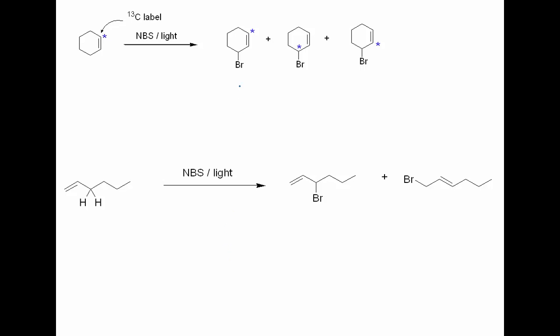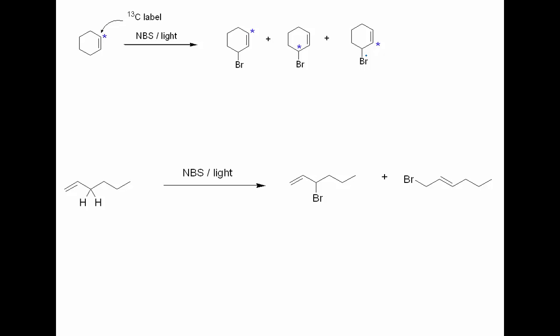The C13 label would be here, here, and also to some extent in the middle. Actually probably about a 1-to-1-to-1 ratio of all 3 of these compounds. We're going to see in chapter 13, the spectroscopy chapter, how carbon 13 is a beautiful way to label the system. It's so easy to detect by a technique called NMR spectroscopy.